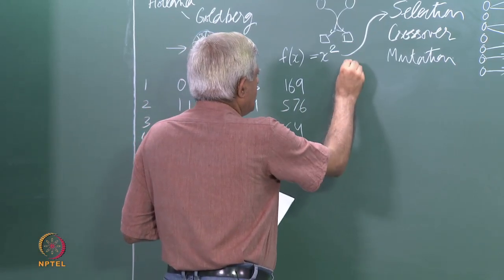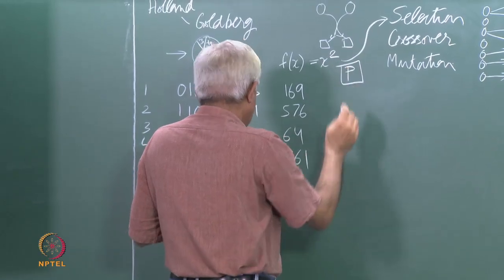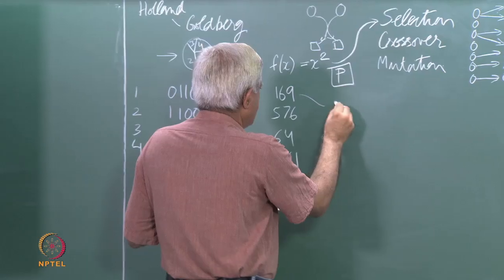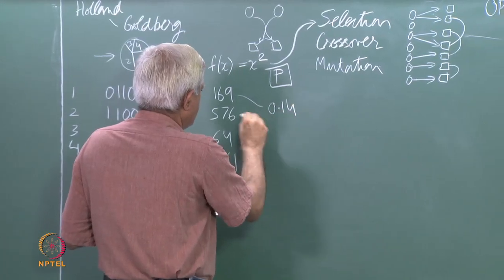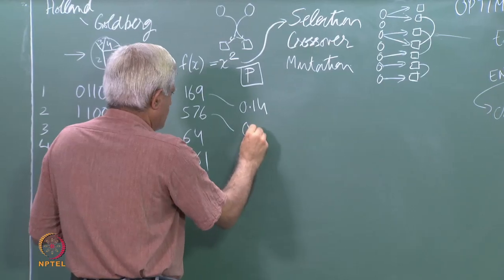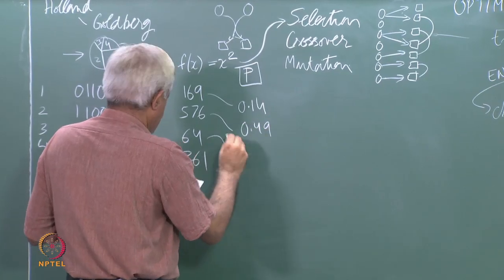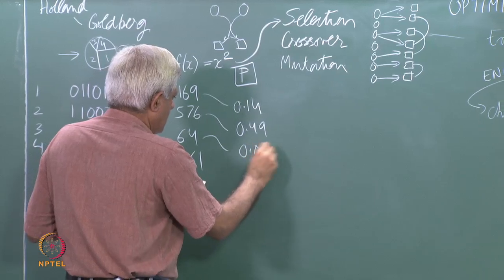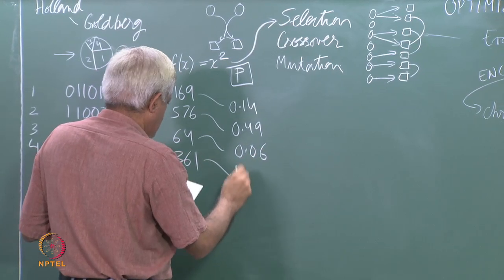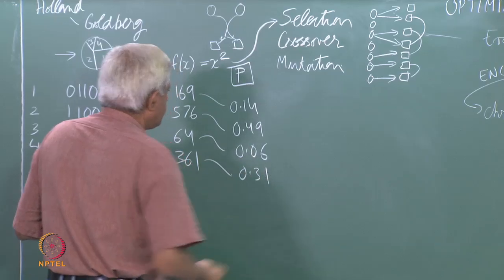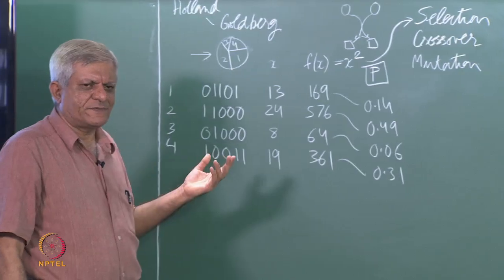So, this probability value is 0.14 for this. So, how did I get these values?